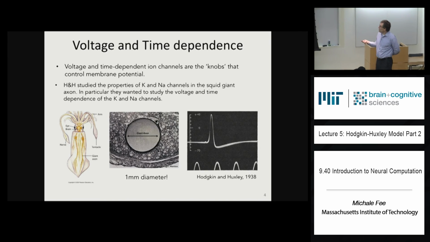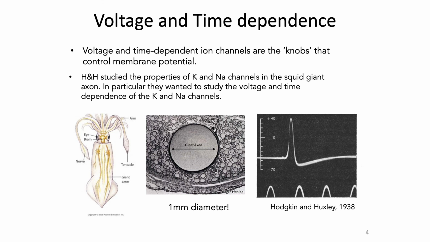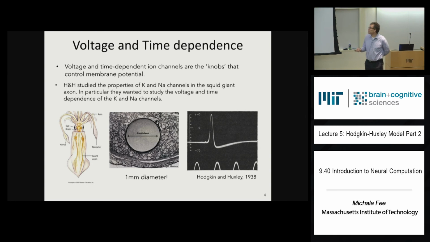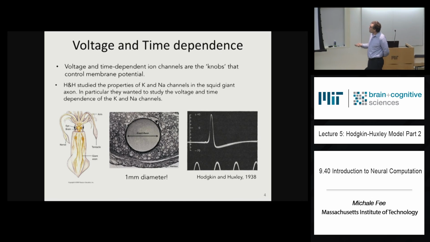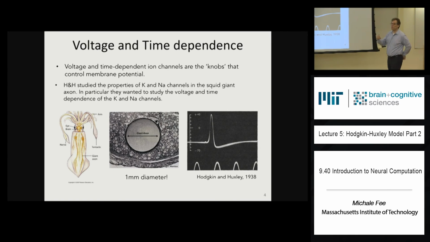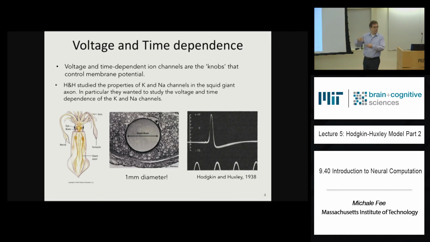Last time we described a set of experiments done by Hodgkin and Huxley to study the voltage and time dependence of these conductances in the squid giant axon. As you remember, this axon is very large, 1 millimeter in diameter, which makes it very easy to put wires into it, change the voltage, measure the currents, and so on.